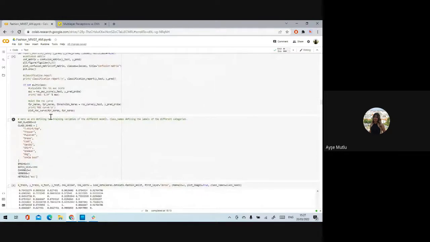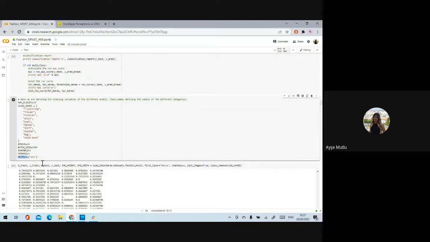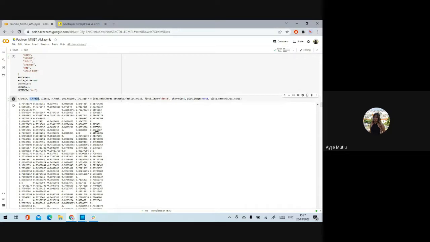Here we defined our training variables: the number of classes, which is 10, and the class names listed here. We also defined the epochs, batch size, channel, verbose, and the metrics. Then we loaded the datasets by calling the load dataset function, which returned those parameters.